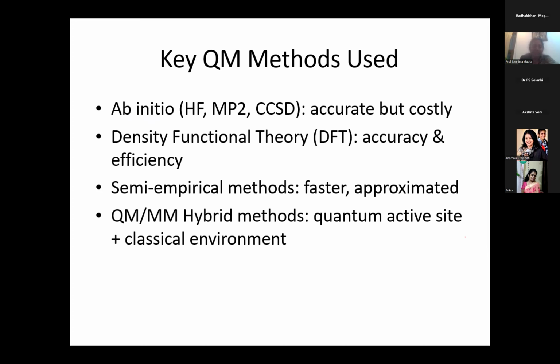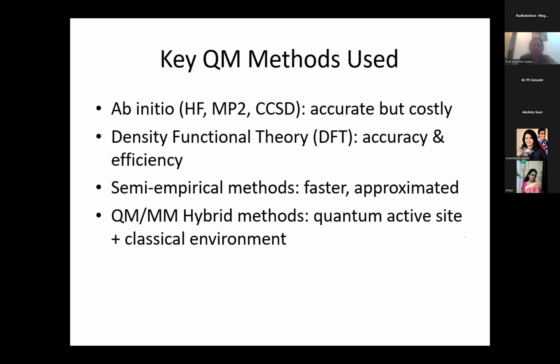Now, today, more popular are the QM/MM hybrid methods. These QM/MM hybrid methods combine quantum mechanics with molecular mechanics. As we know, our biomolecules are very large molecules. The structure is complex. The number of atoms is manifold.